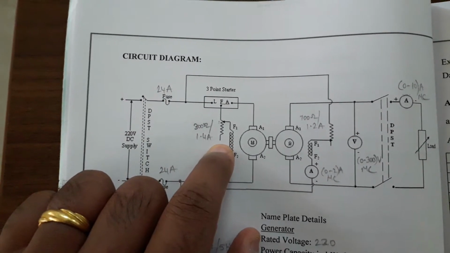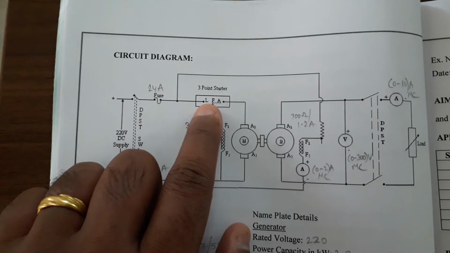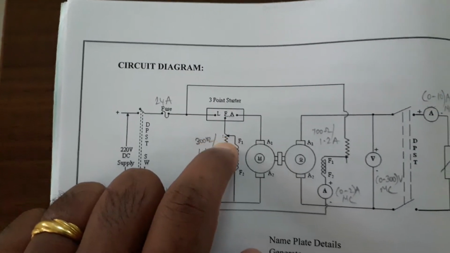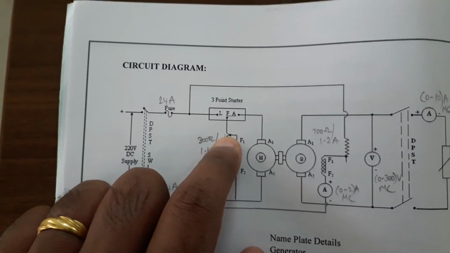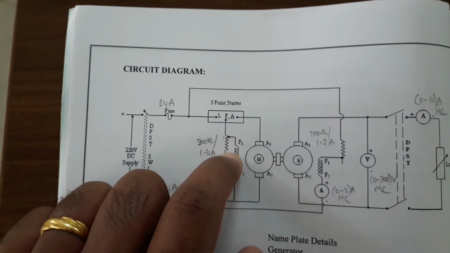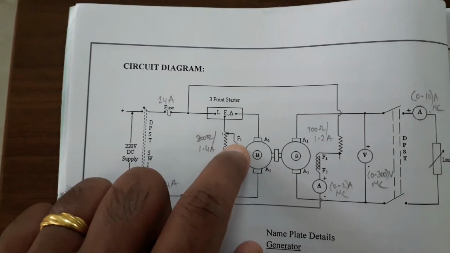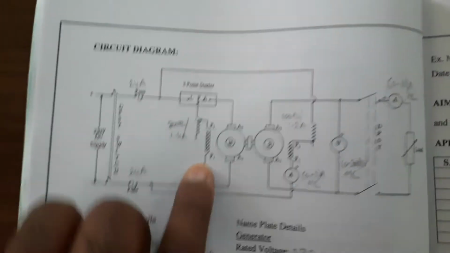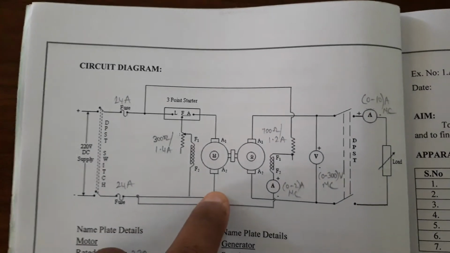This is called the field rheostat. The wire from the field terminal goes to the input of the rheostat. The output of the rheostat is connected to F1, and then the F2 terminal is connected to the A2 terminal.